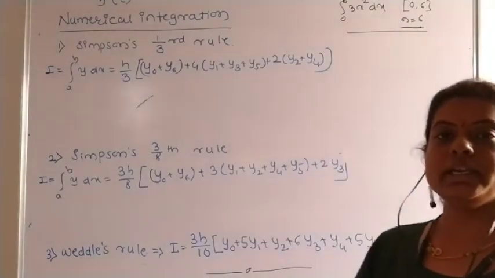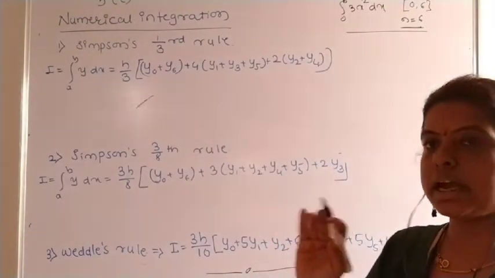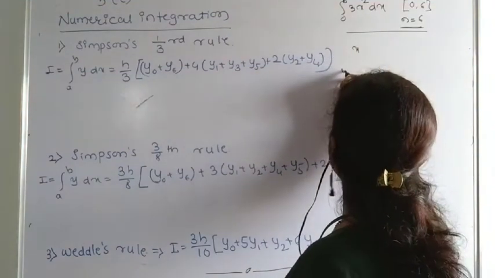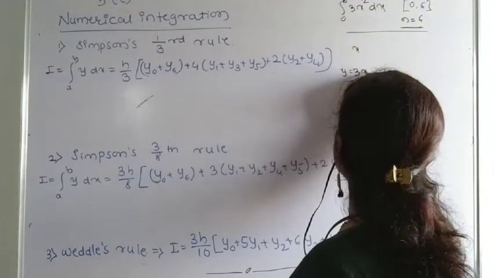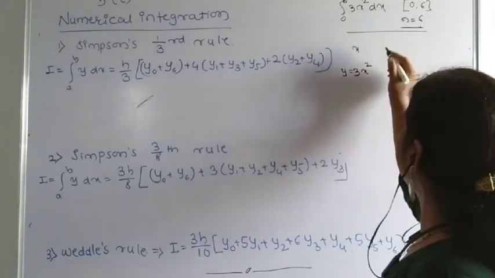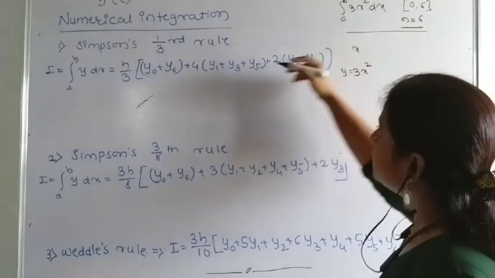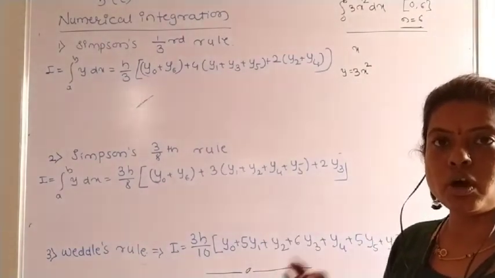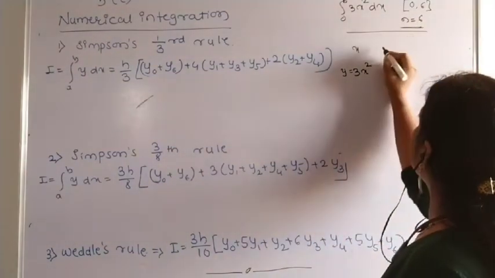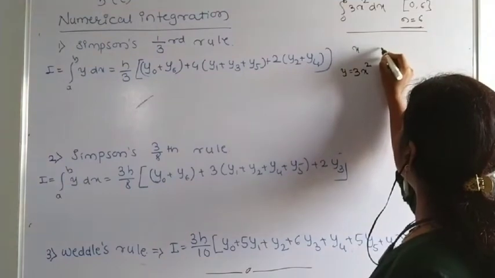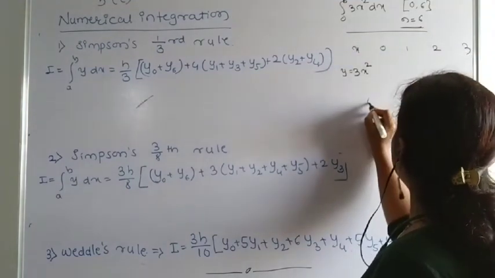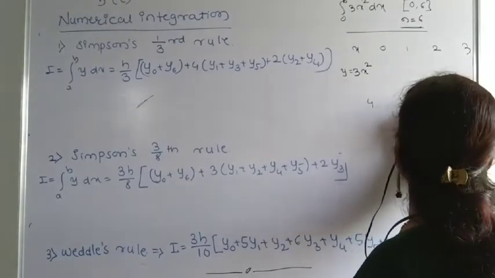You have to create the table for finding x and y. Here y is nothing but 3x squared. Now all the three rules have to be satisfied, so n must be common for all the terms. That's why you take x equal to 0, 1, 2, 3, 4, 5, 6.